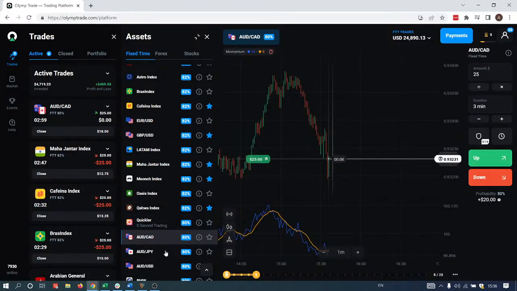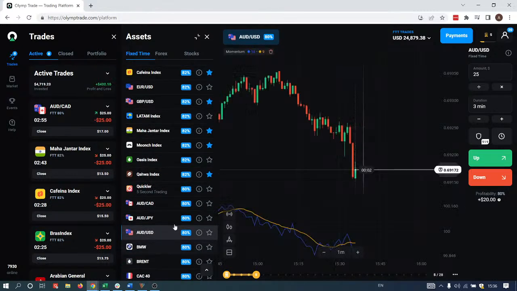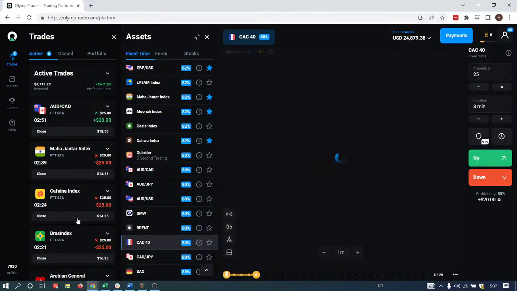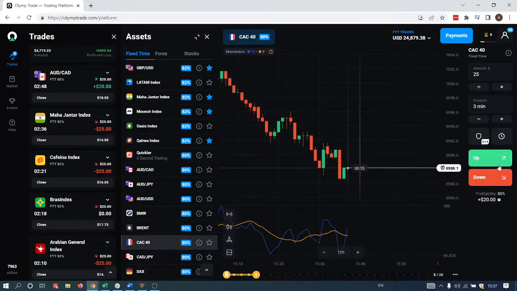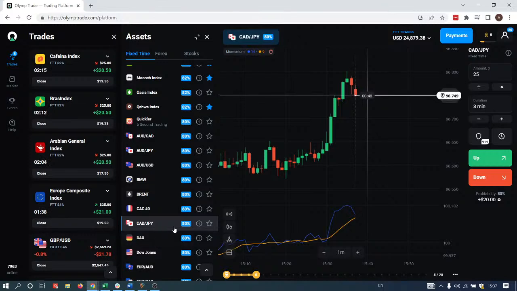Yeah, let's try this one. Usually the more components you have in any one of the indices, the better they work, and the more technical they become.